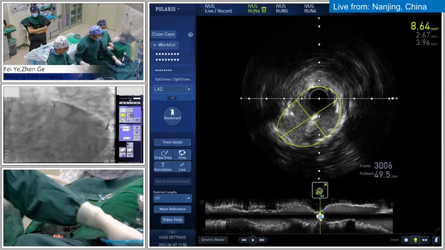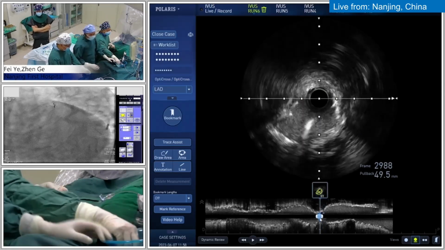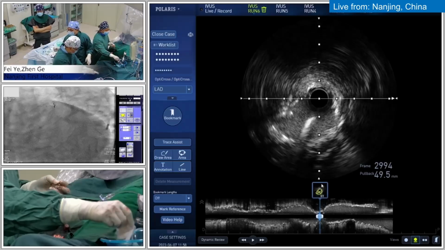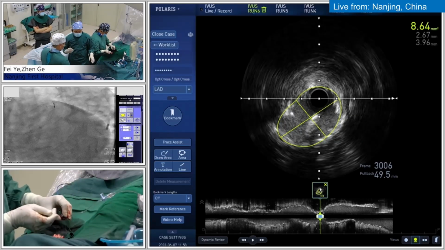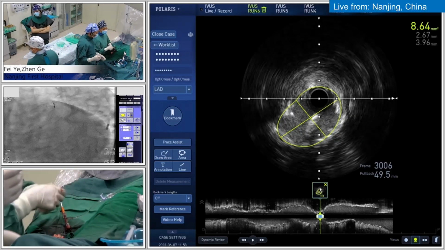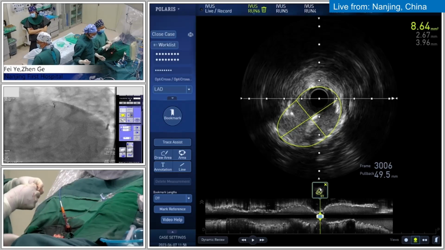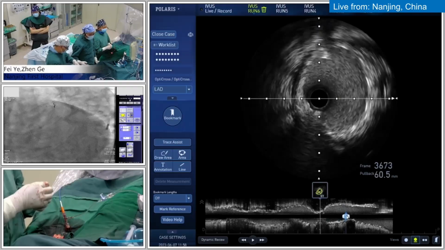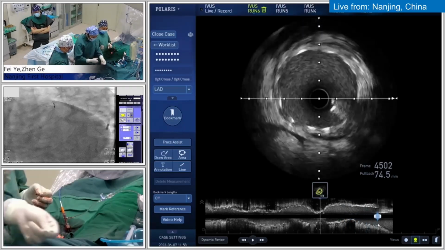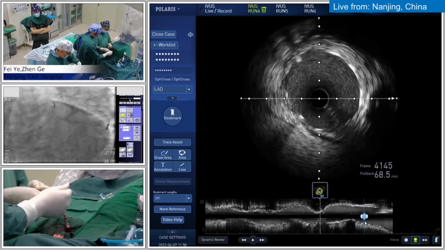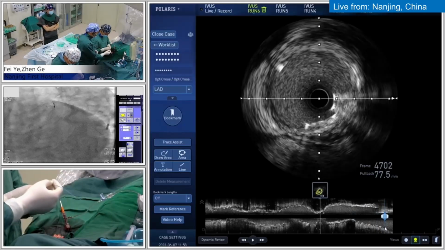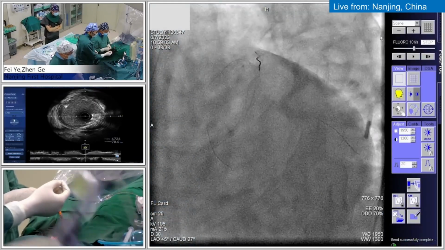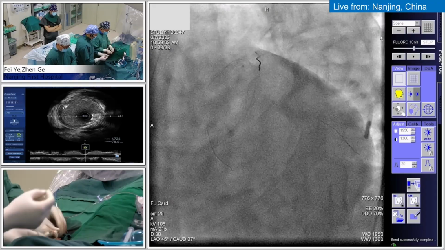How about the expansion rate? How about the left main reference area? Enough. Lumen area, yes.